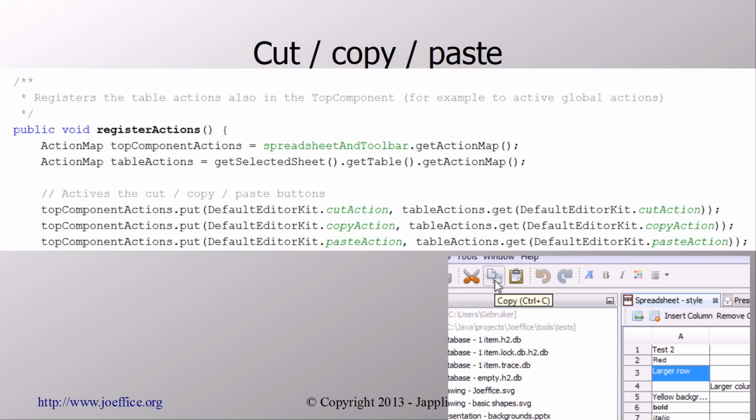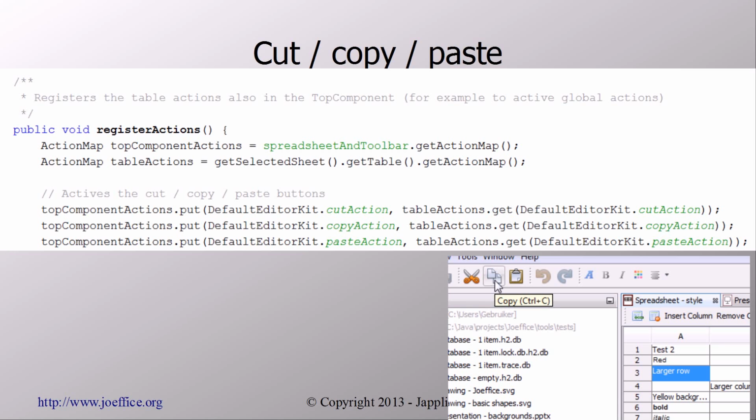Now, you also have already predefined actions in the NetBeans application framework, like cut, copy, paste. And now you want to also enable them in your application. But here, the cut, copy, paste can be different whether you're in the spreadsheet part or whether you're in the text editor.